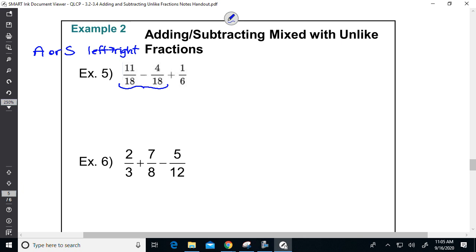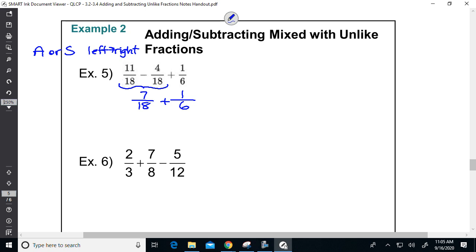So that means 11 over 18 minus 4 over 18 would go first. 11 minus 4 is 7. 18 wouldn't change. So now we have 7 over 18 plus 1 over 6.